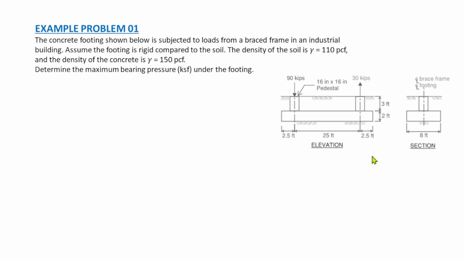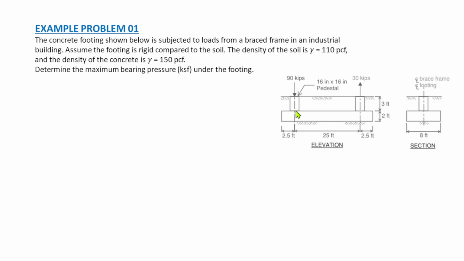So, as you can see here in the figure, we are given this footing, 25 by 8. That is the dimension of the footing, and the depth is 2 feet.